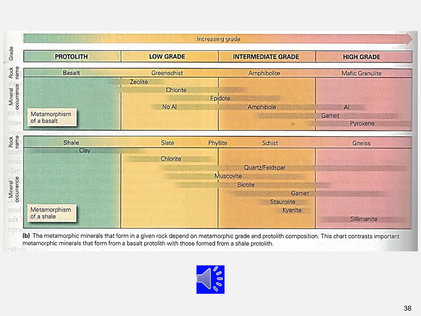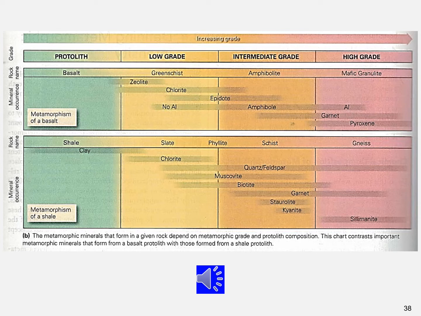Different grades of metamorphism yield different metamorphic mineral assemblages. As grade increases, recrystallization produces coarser grains, and neocrystallization produces mineral assemblages that are stable at higher temperatures and pressures. Geologists refer to metamorphism taking place while temperature and pressure progressively increase as prograde metamorphism.